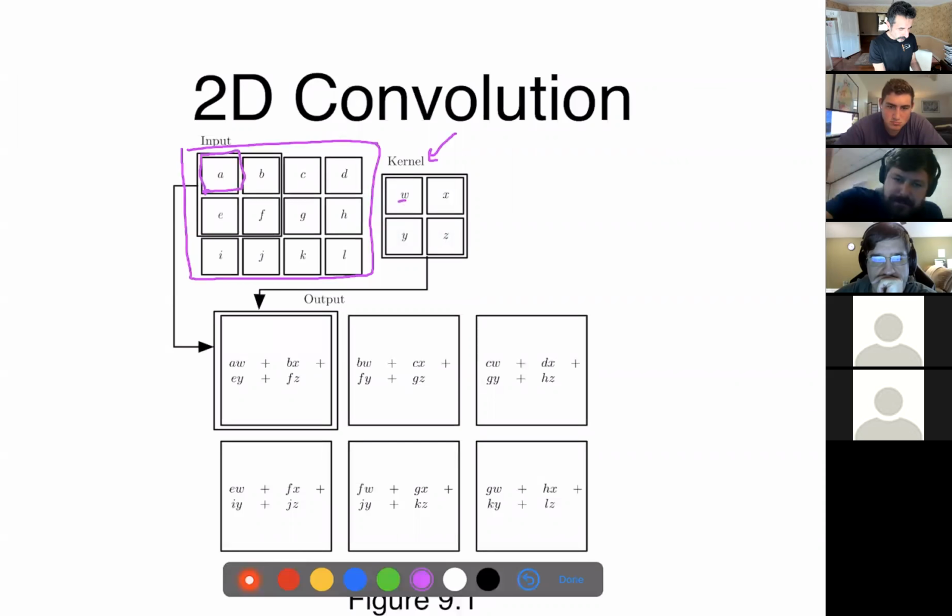It has also W, X, Y, and Z. So you represent each value by a variable. And here you have A, B, C, D, whatever. So convolution is really doing a very simple operation, right? Imagine that you have this window, you have this kernel, and you slide it through this input structure, right?